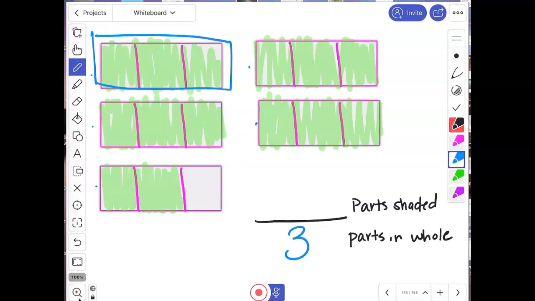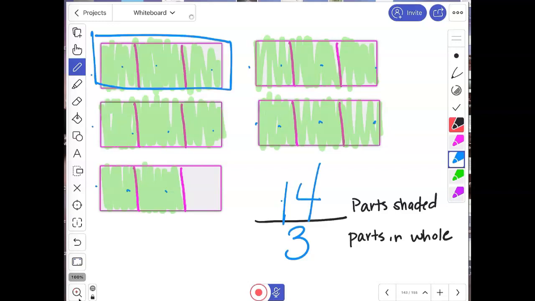One Twix bar has 3 parts, so that has to be the denominator. Now, how many parts are shaded? Let's say the shaded parts are the parts I ate when I was feeling hangry the other day. I ate 1, 2, 3, 4, 5, 6, 7, 8, 9, 10, 11, 12, 13, 14. 14 thirds.